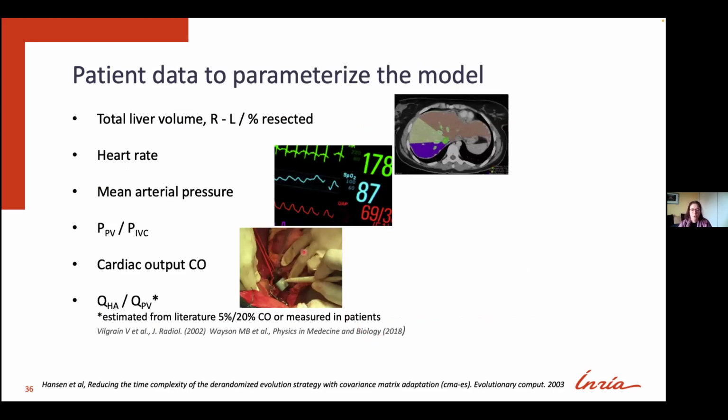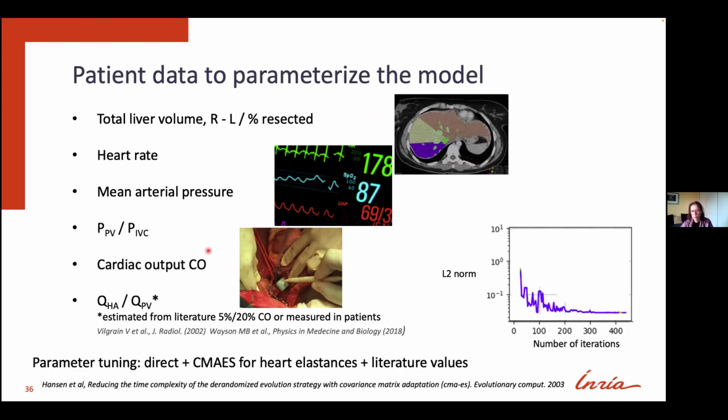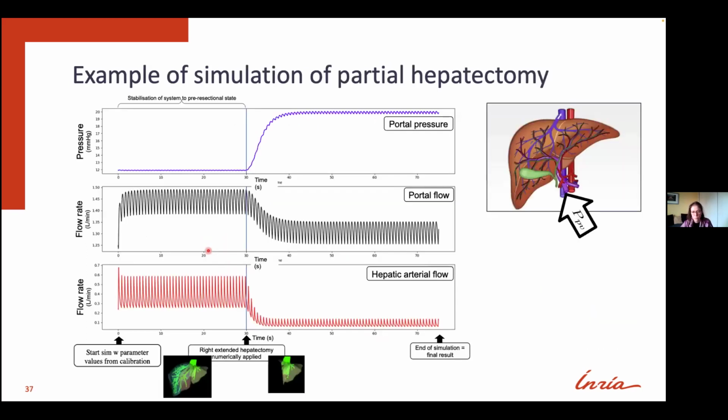As you see here, we have actually pretty few patient data to parameterize the whole model. We know the total liver volume, how much will be resected, and then we have a couple of pressures and flows in the system. So what we do is we fix some of the parameters, and the rest we adapt with a genetic algorithm to fit the remaining parameters based on these measurements.